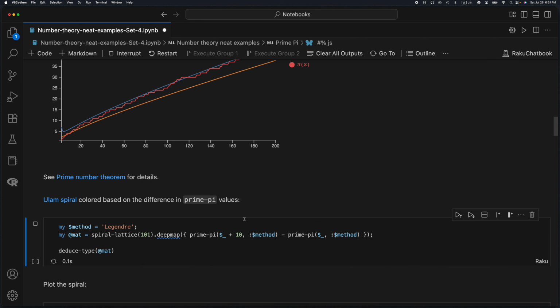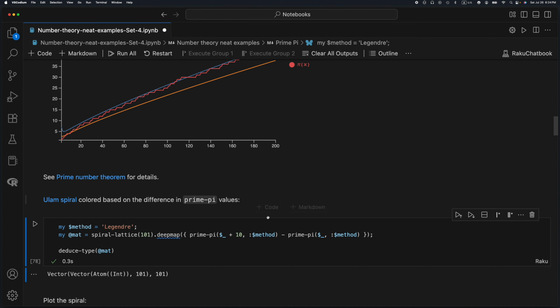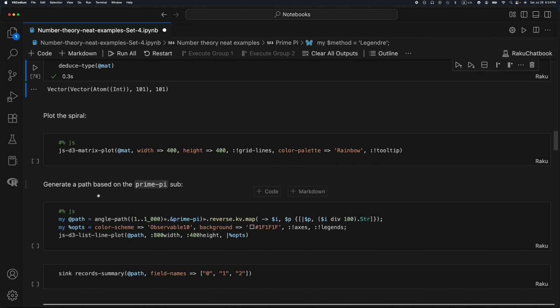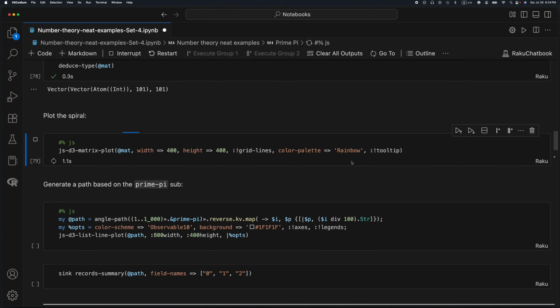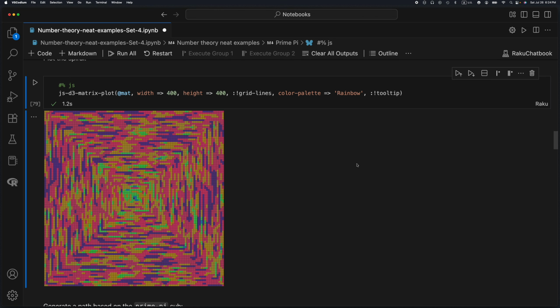We can visualize this with the Ulam spiral. Again, I featured it in some other presentations. It's one of the standard things to do. It's a way to embed or display primes in this two-dimensional setup.